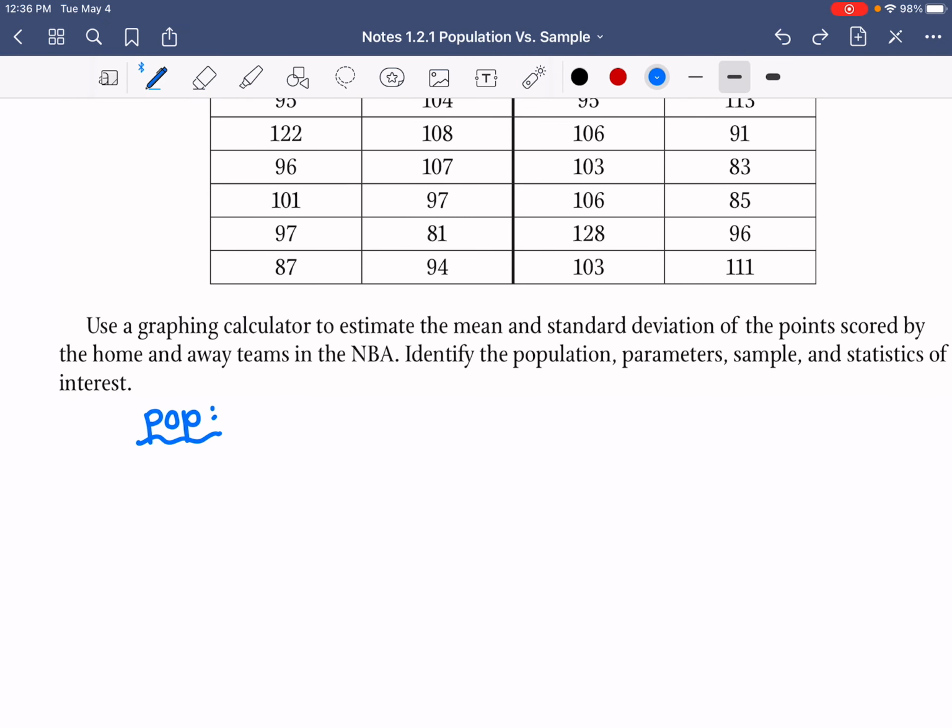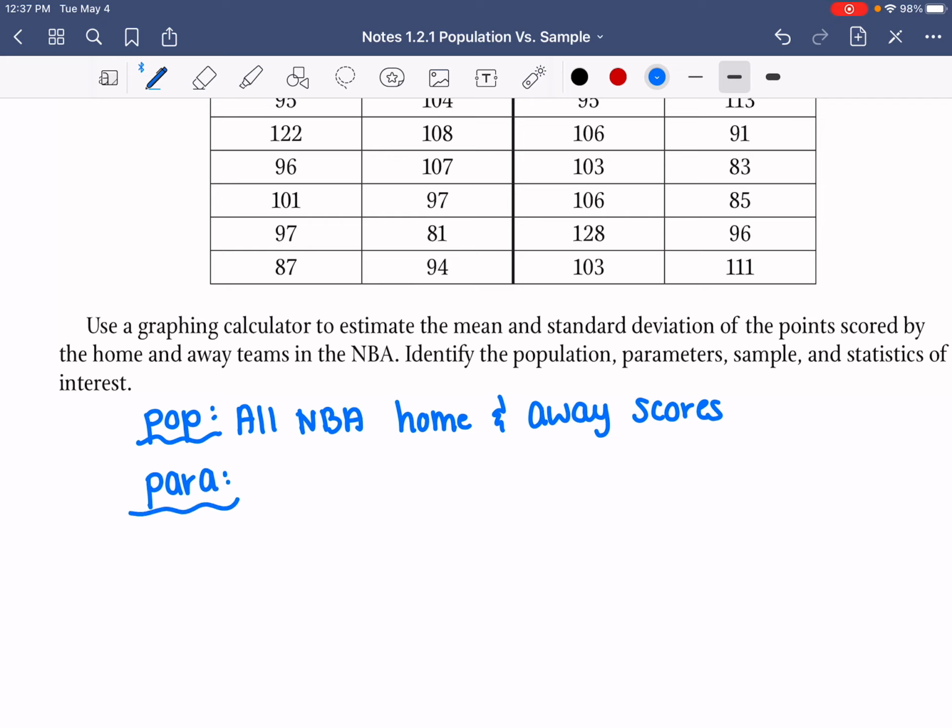So our population is all NBA home and away scores. Our parameter that we want to know about these games is their mean and their standard deviation. So it's just the mean and standard deviation of points scored at home and away.